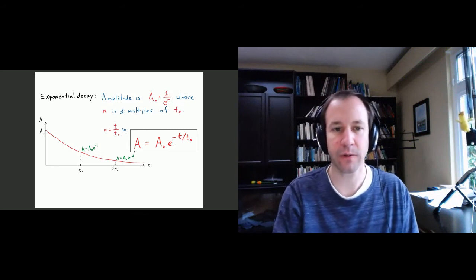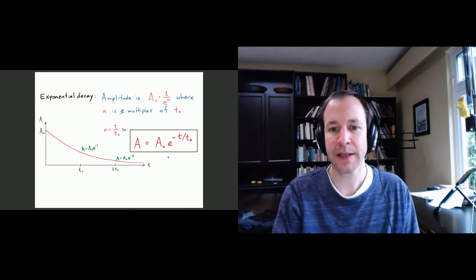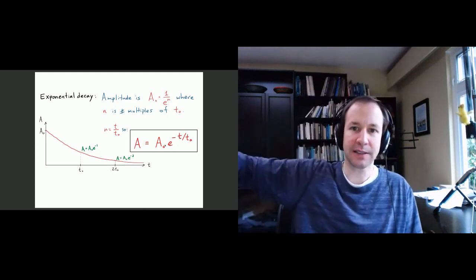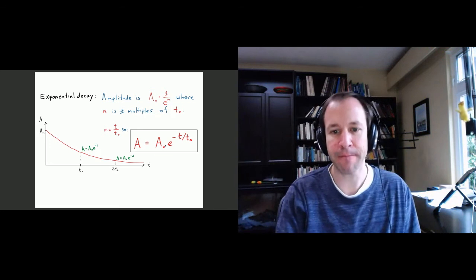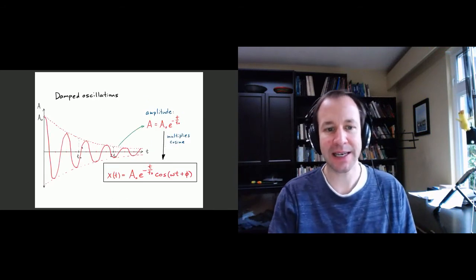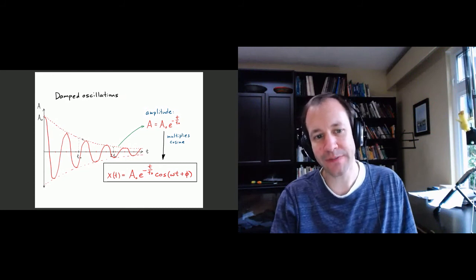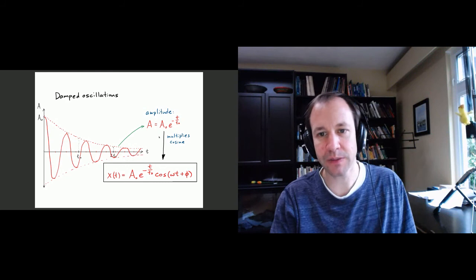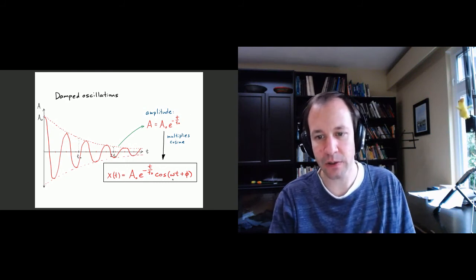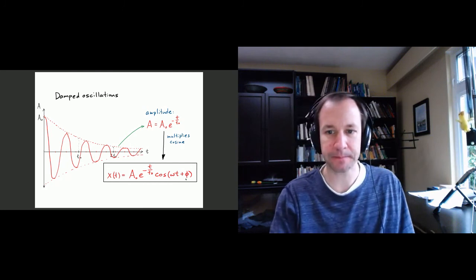All right, so we're almost ready to go. This function tells us how the amplitude of our oscillation changes with time. To get the actual function for the displacement as a function of time, we just multiply that amplitude by the oscillation function cos of omega t plus phi.